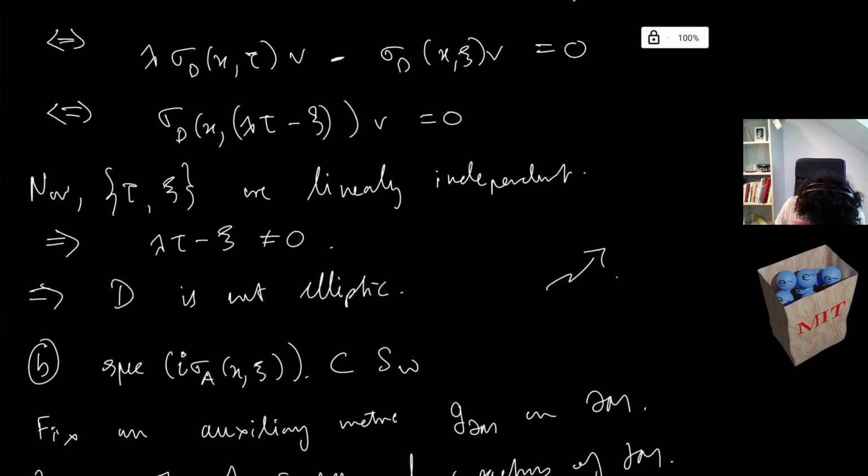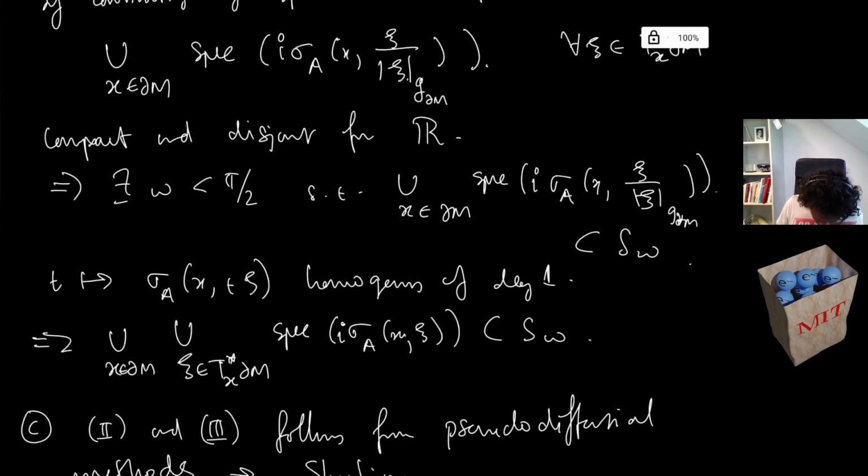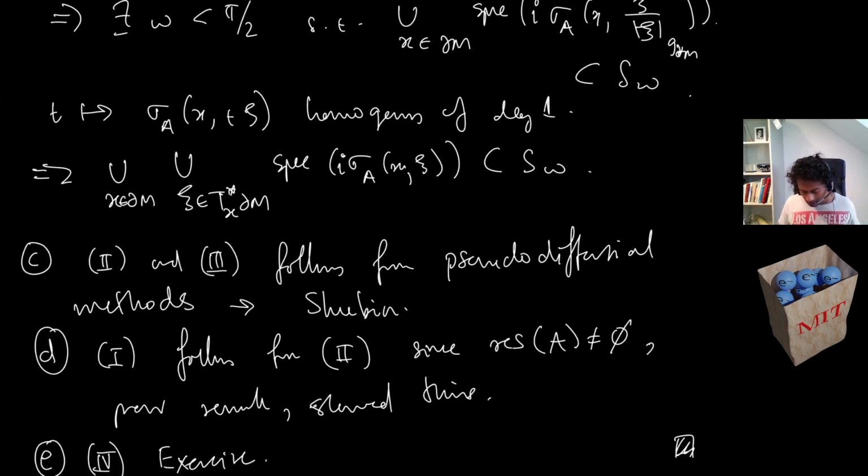So we haven't given a proof for point number 2, right? All I've given a proof for is to show that the spectrum of the principal symbol is in a bisector S omega. Now the point is there is some pseudo-differential magic involved in getting from the spectrum of the principal symbol to the spectrum of the L2 operator, and that I'm not going to cover.